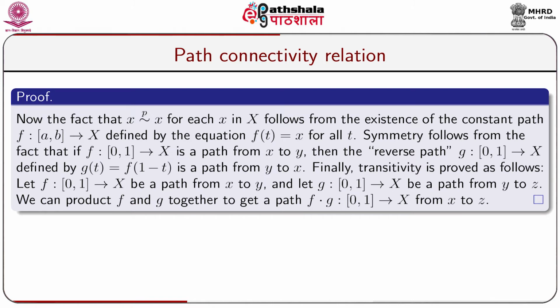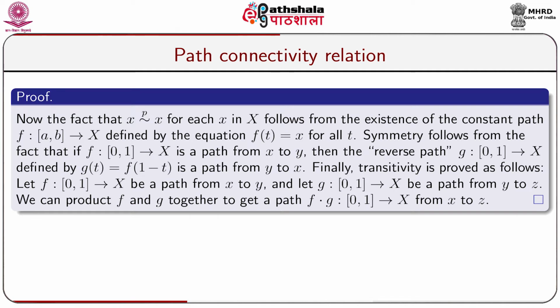Now we can construct a new continuous function in the following manner: f(2t) when t is between 0 and half, and g(2t minus 1) when t is between half and 1.